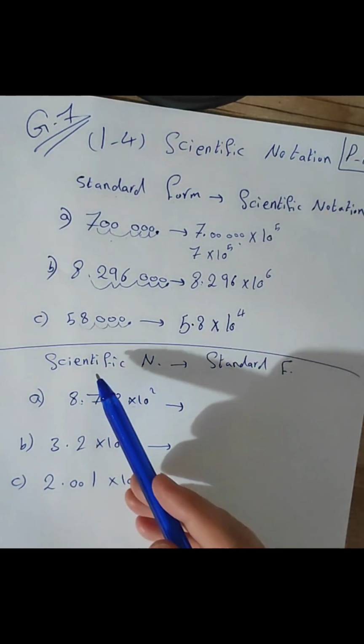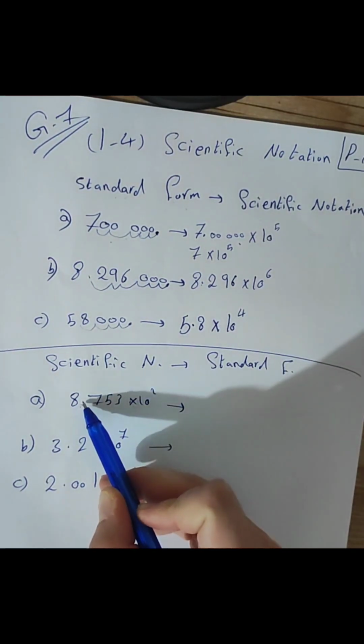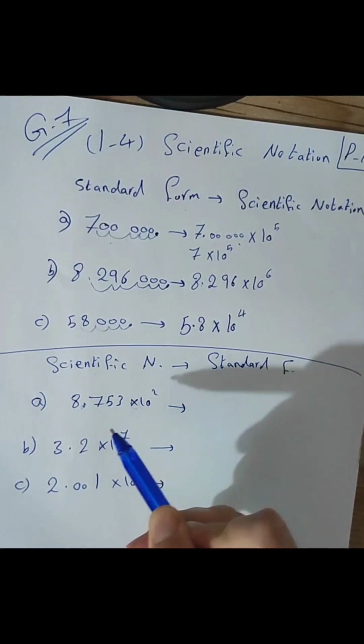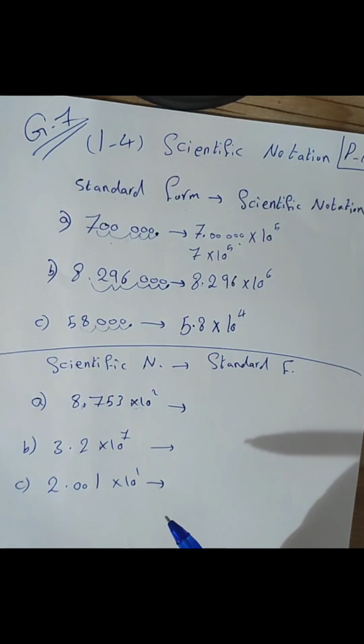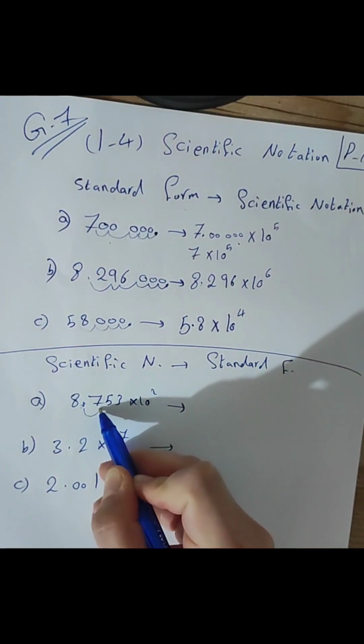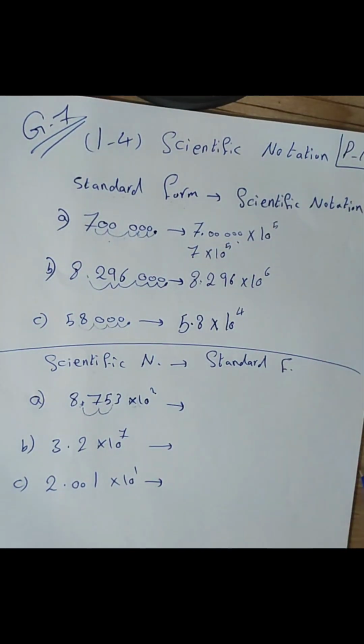We should change to standard form like this. Okay, we have this point and you have multiply. It means you should move to the right side because you have multiply and exponent 2. Okay, look, 1, 2 steps, only 2 steps, because the exponent is 2.